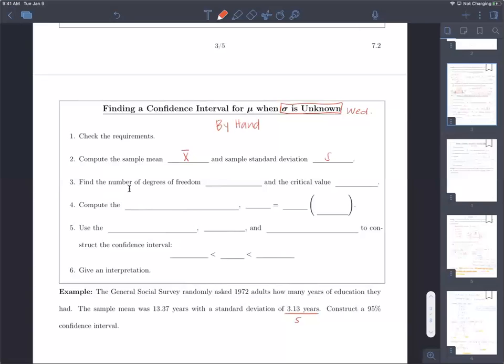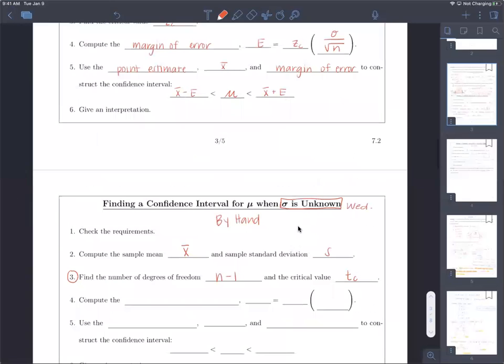And then you're going to define the degrees of freedom, which is n minus 1, and the critical value, which is T sub C in this case.